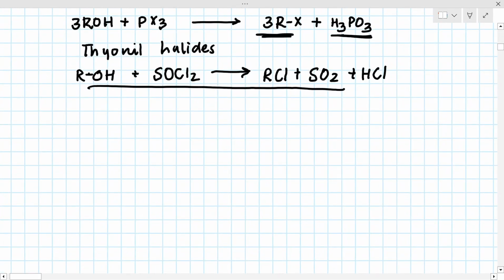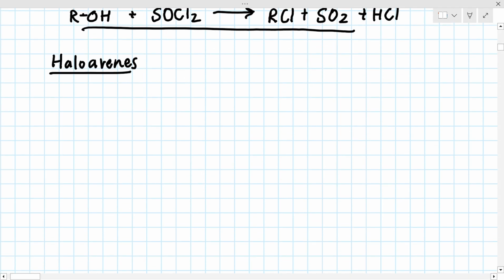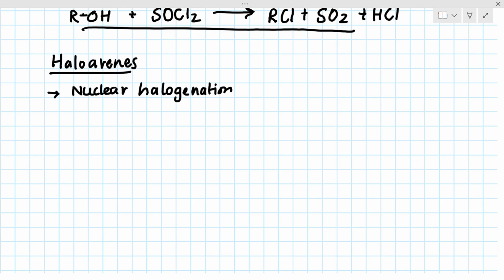haloalkanes. Now we will see the preparation methods of haloarenes. How haloarenes are prepared. So the first preparation method is nuclear halogenation. What is this nuclear halogenation?